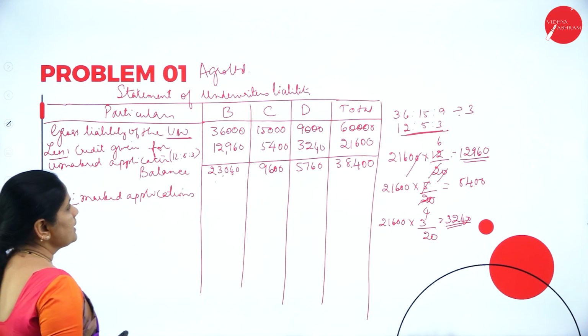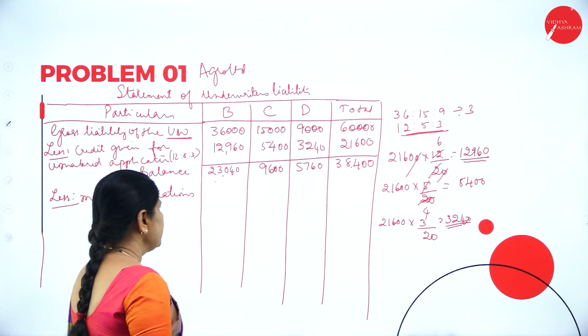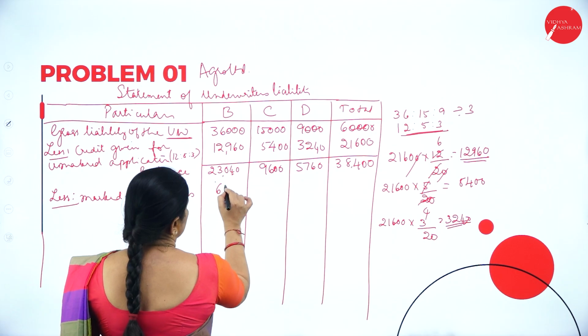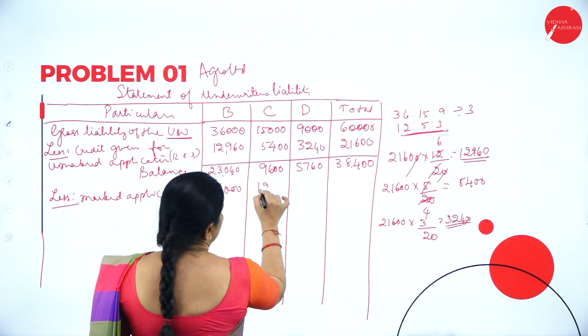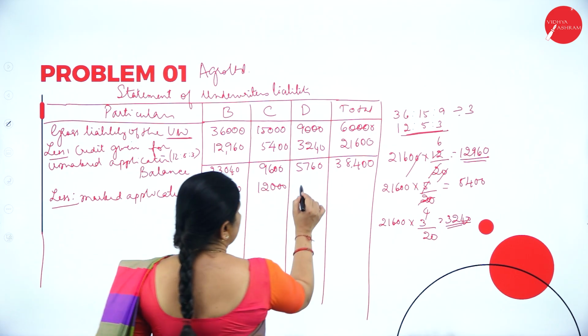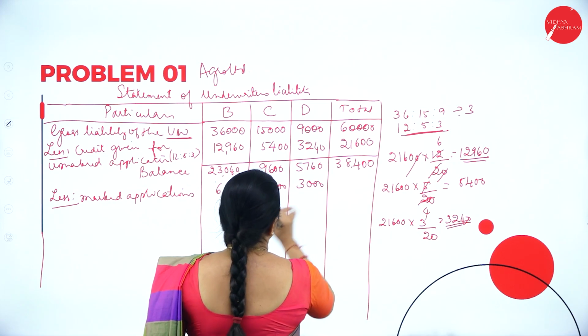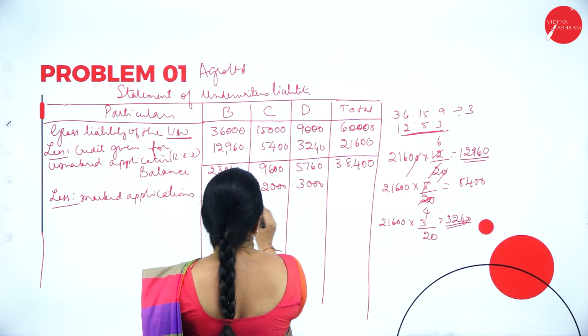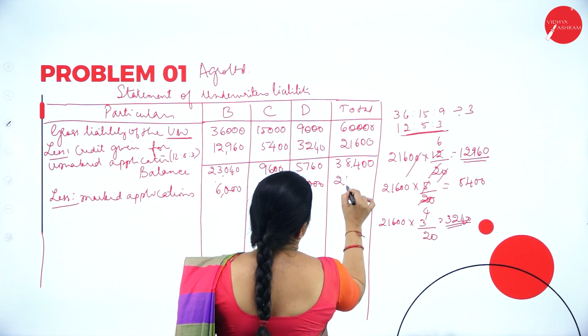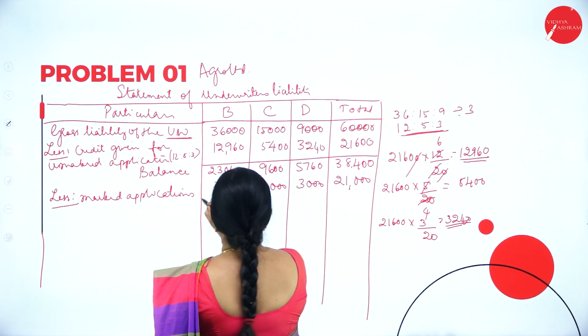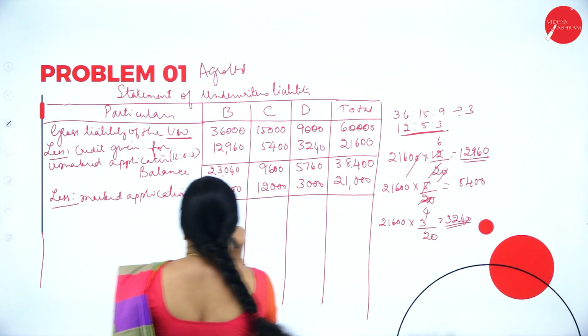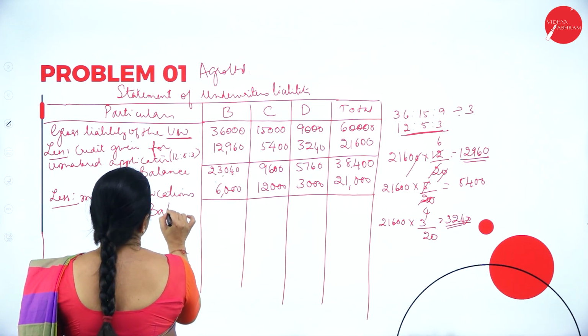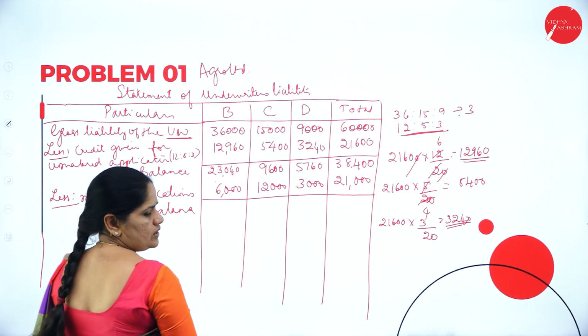So for marked applications I am writing 6,000, 12,000 and 3,000. That comes up to 21,000. So we deduct all this and get the balance.